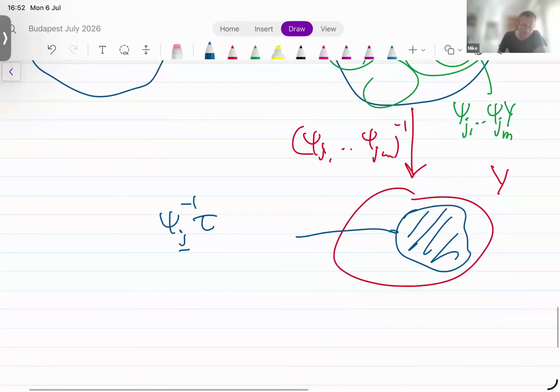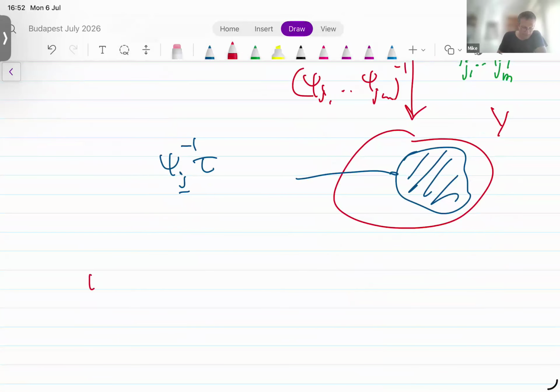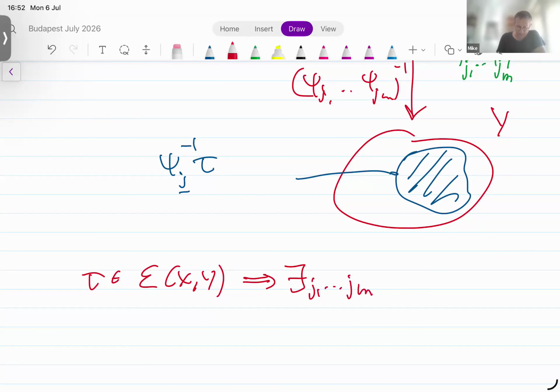So what we've seen is that if you have a map tau in the space of embeddings, then you can find j1 up to jm in the index set of the fractal y, so that psi j inverse tau is again in E of xy.